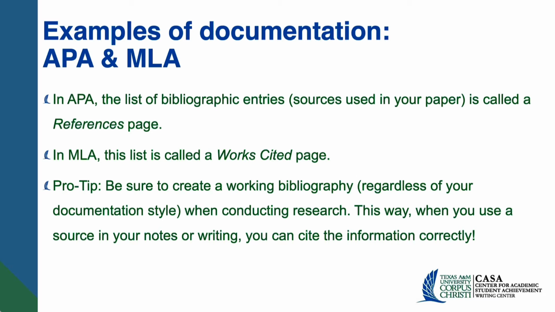In MLA, it is called a works cited page. It's different in all the other versions of citation styles, so make sure that you are double checking with the manual or with OWL Purdue or with your library or the writing center to make sure you get that one right. This would be a good time to create your working bibliography as well. It's one less thing you have to do when you're actively writing your paper.